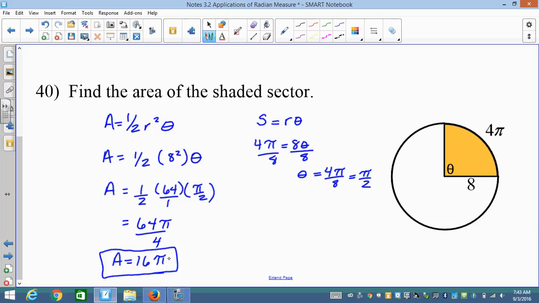Now, I would prefer this answer because this is an exact answer. You can give me an approximate answer anyway, throw that into the calculator. And if they tell you decimal places, then you're going to give the decimal value. So this one will end up being 50.2654.